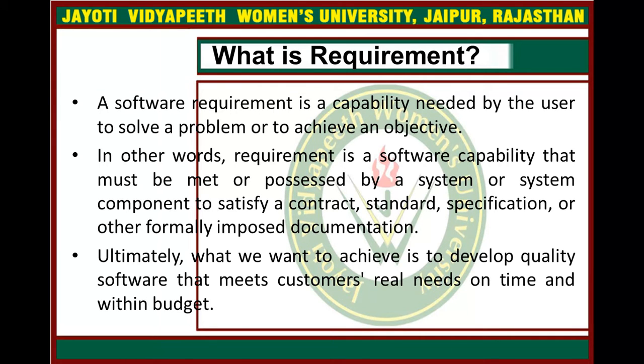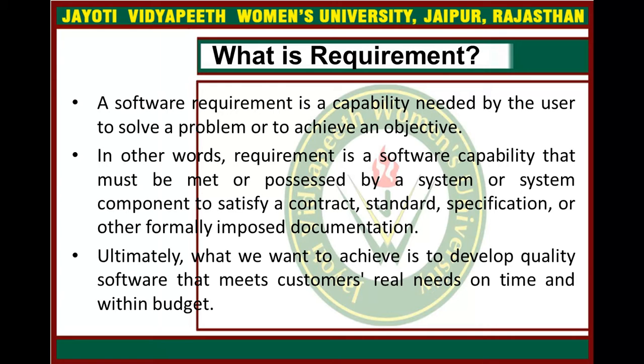What is requirement? A software requirement is a capability needed by the user to solve a problem or to achieve an objective. Or, in other words, a requirement is a software capability that must be met or possessed by a system or system component to satisfy a contract, standard, specification, or other formally imposed documentation.